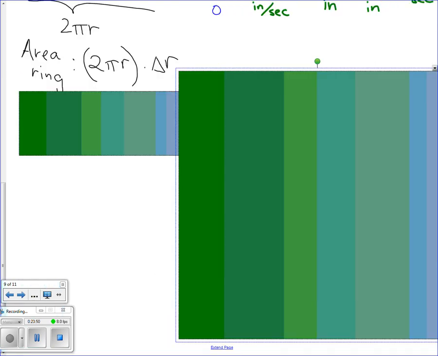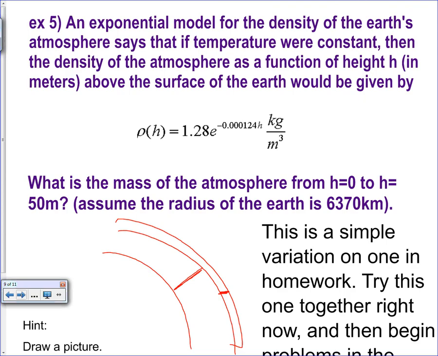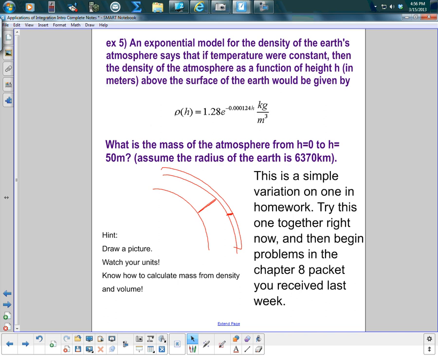Okay. All right, then the last problem I am going to let you guys work on, because this particular problem is very much like one that is in your homework, which is to do the Chapter 8 packet problems, the circled problems, in 8.1. All right.